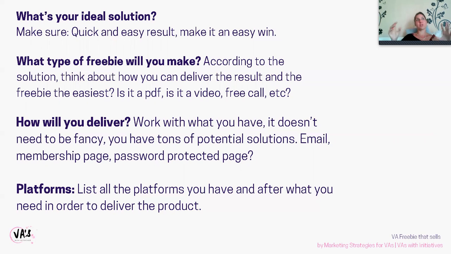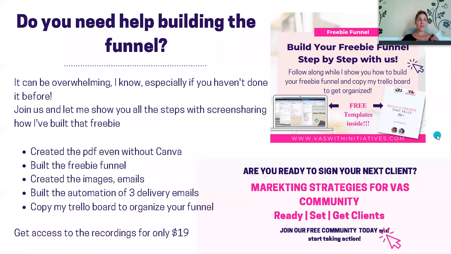So once you realize what the freebie will be, then list all the platforms you will be needing, because next week we will be talking about the freebie itself, right? So we need to know, do you have how you deliver? Do you have that, or do we need to build that, right?